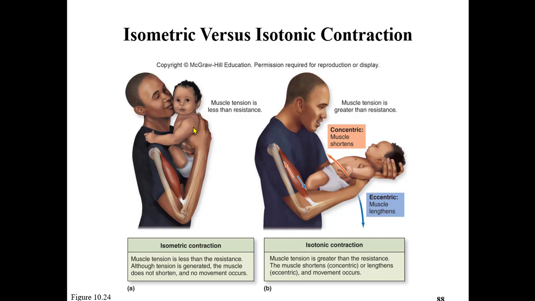So isometric is when the muscle length does not change.